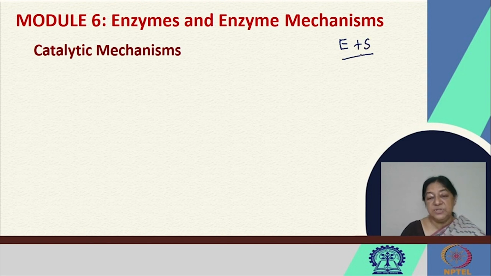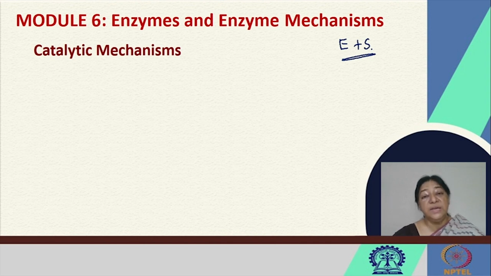These enzyme substrate interactions give us our enzyme substrate complex that then forms a product leaving the enzyme intact. We looked at specific enzyme classes, specific enzyme mechanisms, and we realized that we do not want this enzyme substrate complex to bind too tightly, because then the release would be difficult.